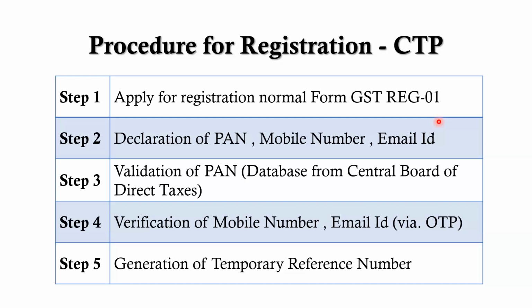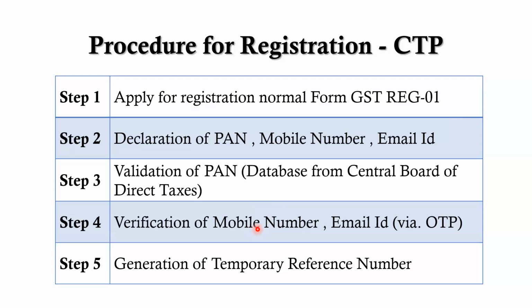The next step is declaring the details of your PAN, mobile number, and Aadhaar card. The third is the validation of the PAN you have submitted, which is taken from the CBDT, the Central Board of Direct Taxes. Further, there is the verification of your mobile number and email address through OTP.